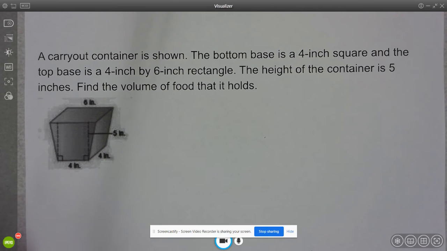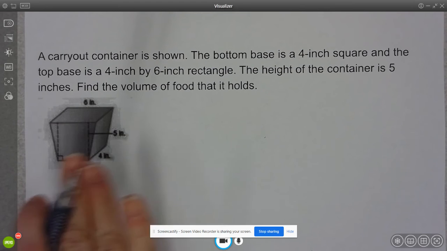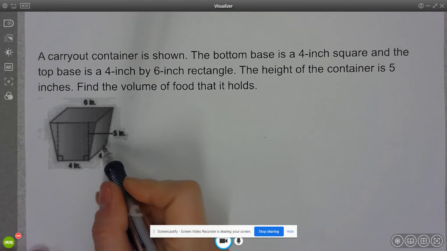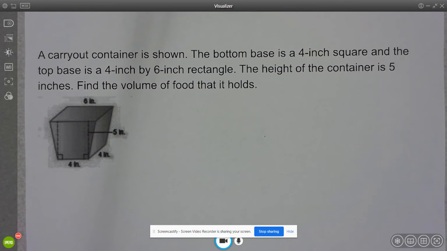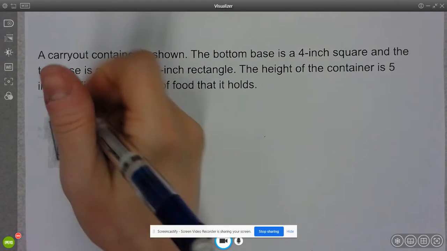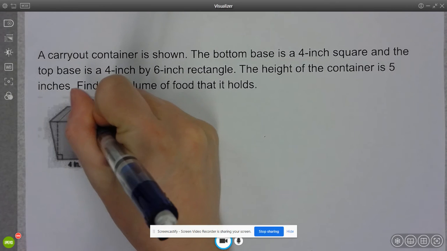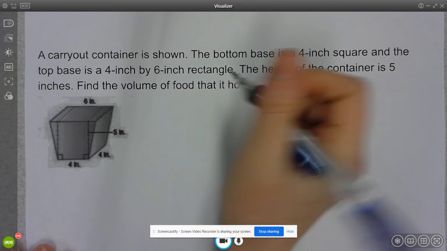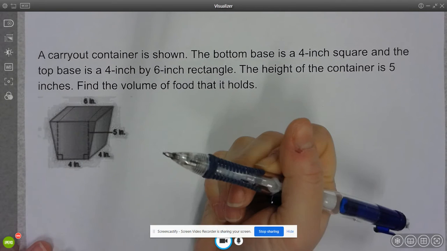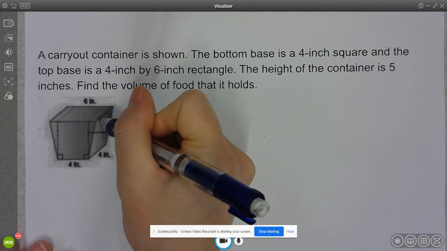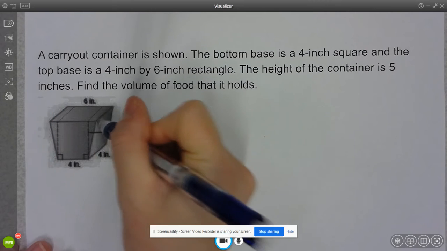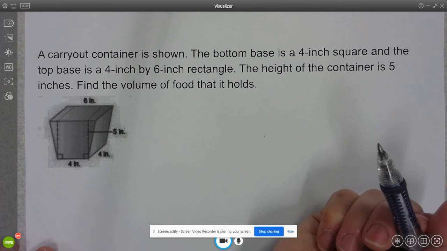You can use the area of a trapezoid formula and then multiply it by the depth of the box, or you can split it up into a rectangular prism, which would be this space in here. So I can take out this centerpiece, and then I'll have 2 of these triangular prisms on the edges.